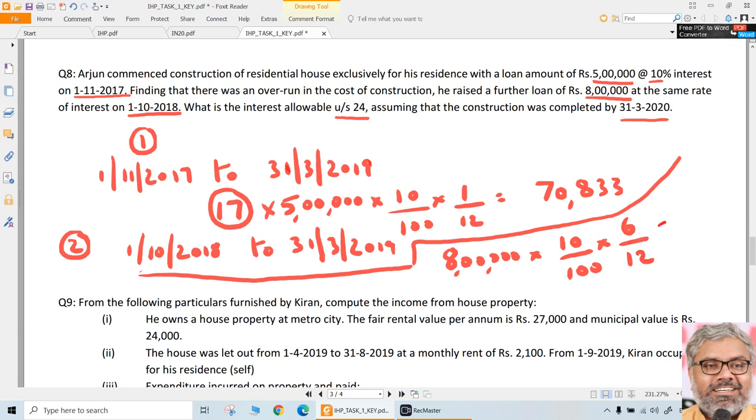So 6 by 12 is enough. So 8 lakhs into 10%, 80,000 by 2, you can say 40,000 is the pre-construction interest here. But these two things put together will get only 1/5 of the deduction. So 40,000 plus 70,833, 1,10,833 divided by 5 is the only deduction that is related to the pre-construction period.